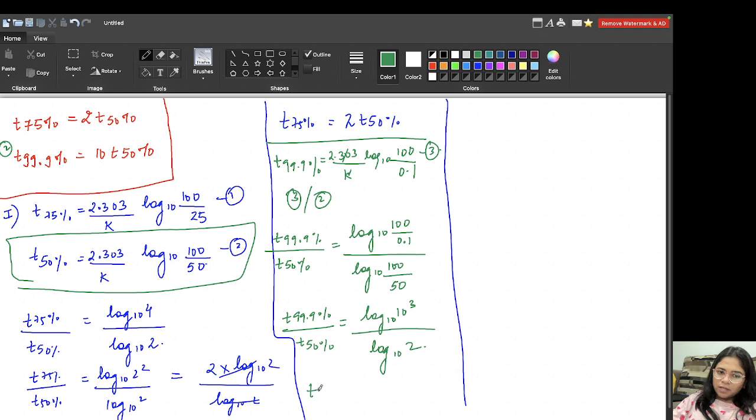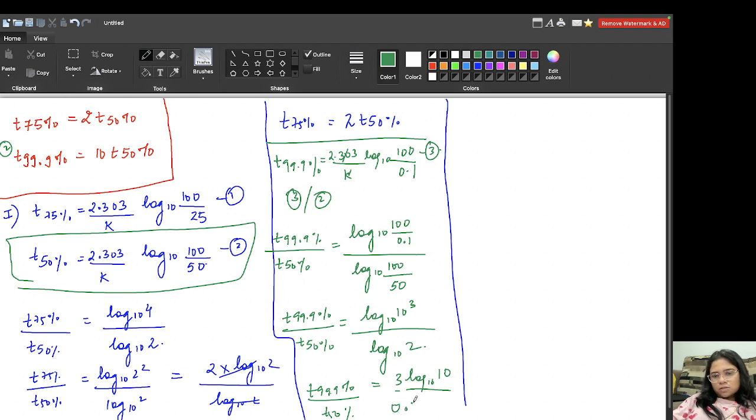So this will be T 99.9% by T 50% will be equal to 3 log base 10 of 10 divided by log base 10 of 2.